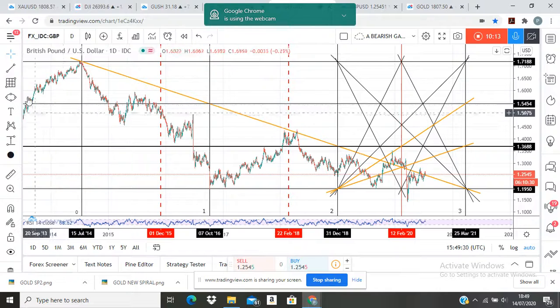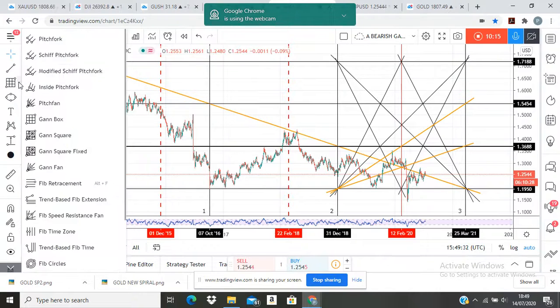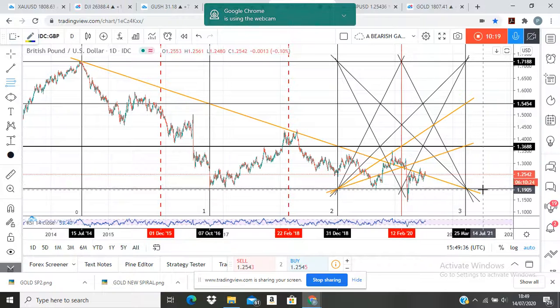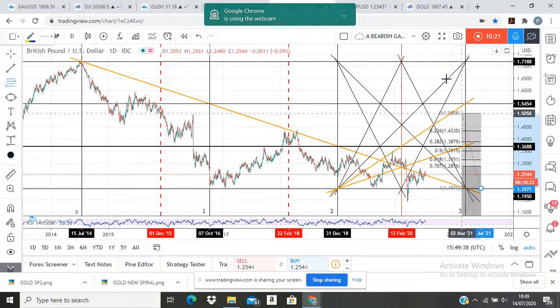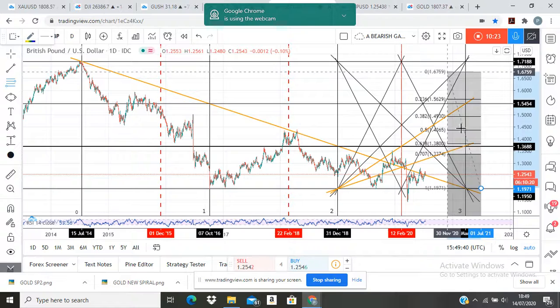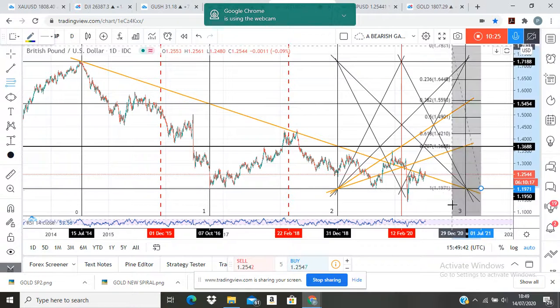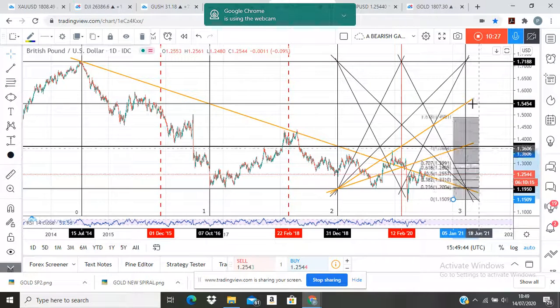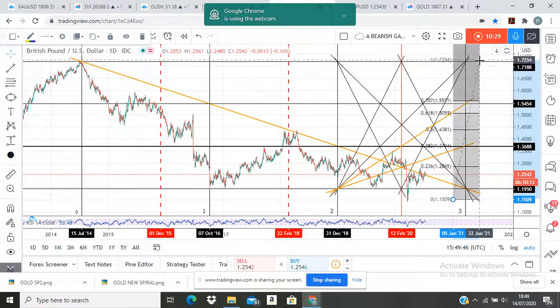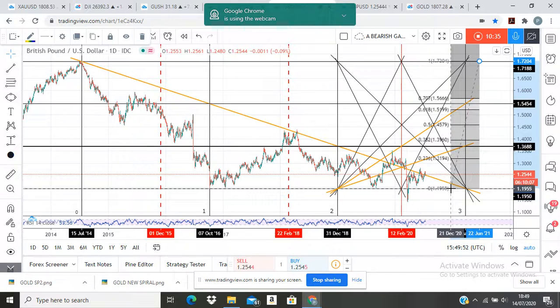And then the other angles we can draw also if we use the fib, then let's say we want the expansion rather, so we take it from the top. So here, roughly, and then here.